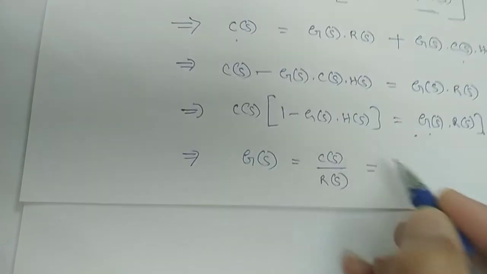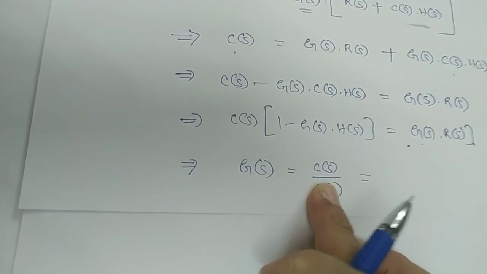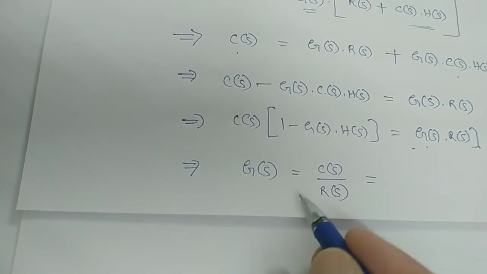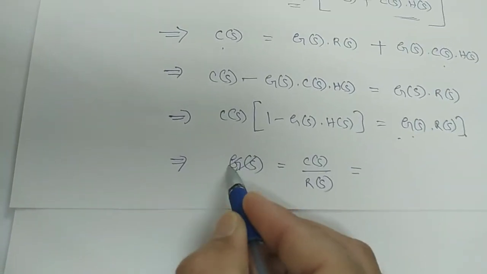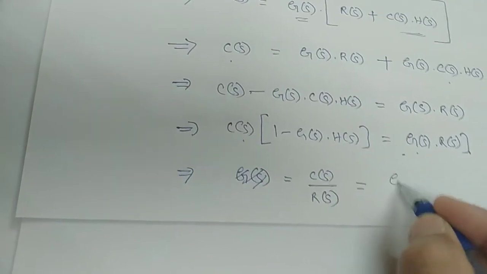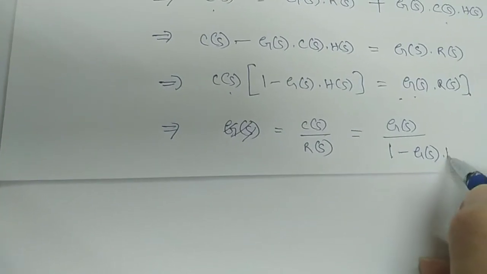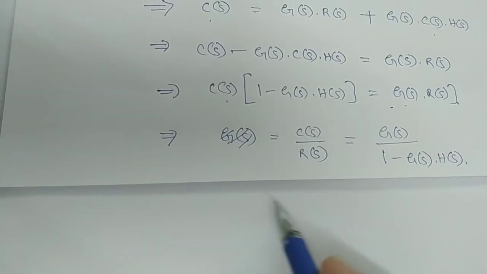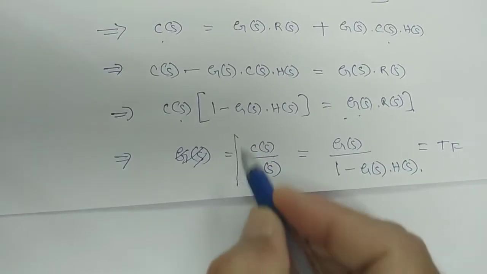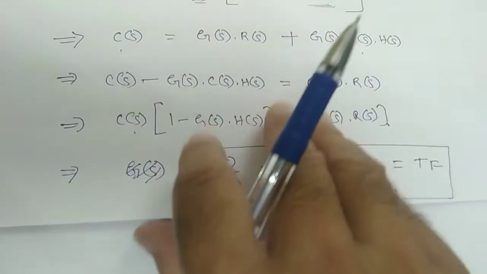C of s by R of s is equal to G of s by 1 minus G of s into H of s. This is what your transfer function means.